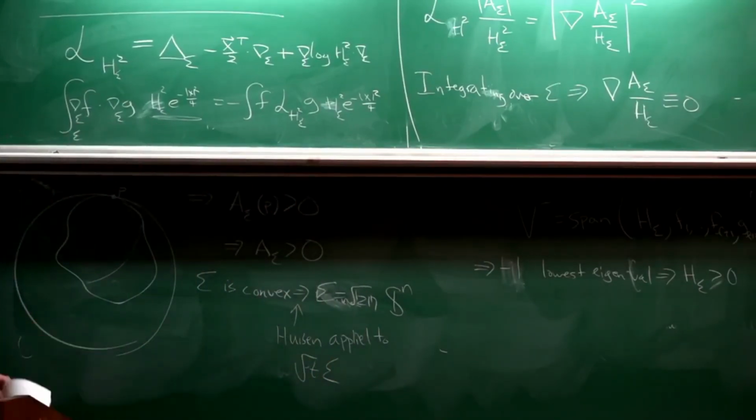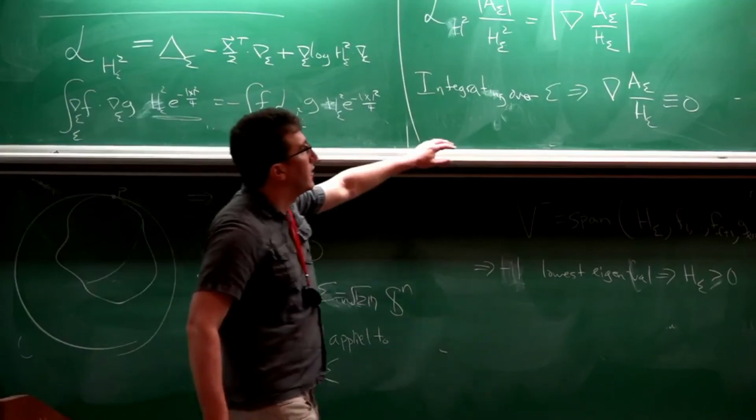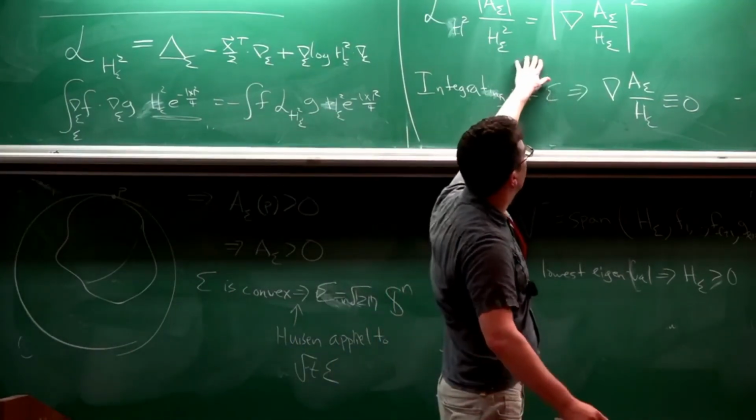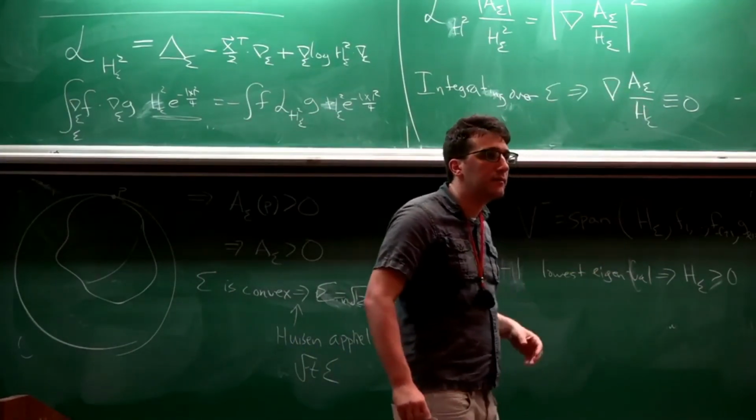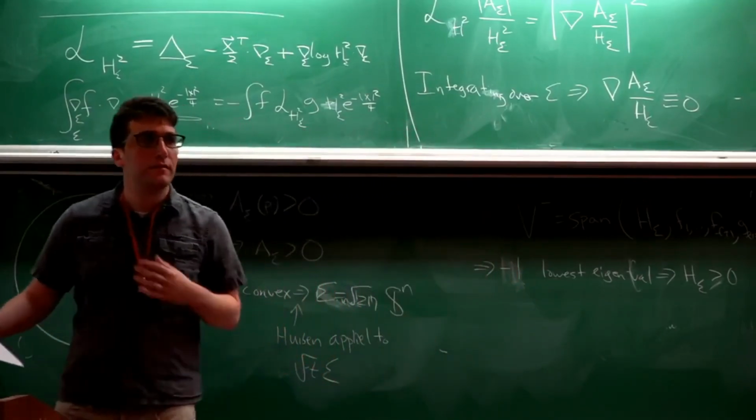So that's one way of seeing it, without doing too much work. Of course, you can analyze this more carefully and analyze this when it's not compact. But I'll stop here.